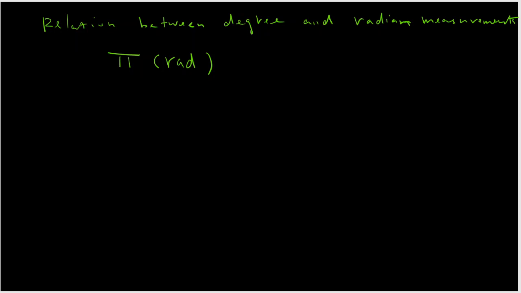Pi is the pi you have been so familiar with, 3.14 something. It's a non-repeating infinite decimal, an irrational number. You have a pi button on your calculator. You have seen pi over and over again, so this is the same pi. The only conversion you need to remember is pi radians is equal to 180 degrees.